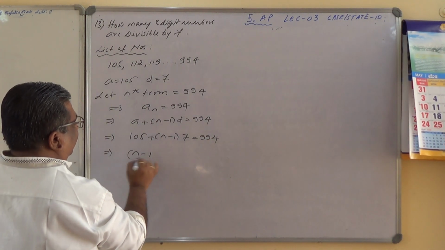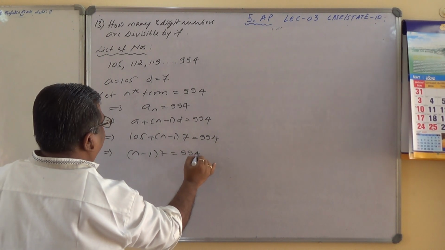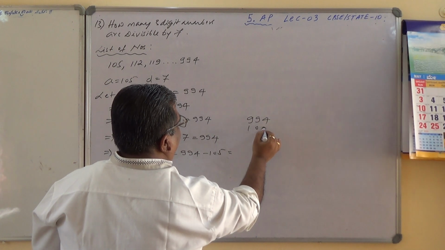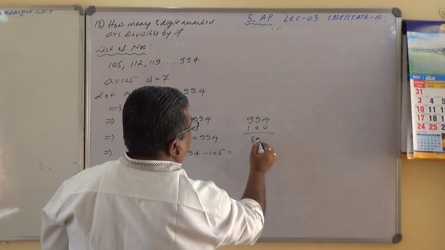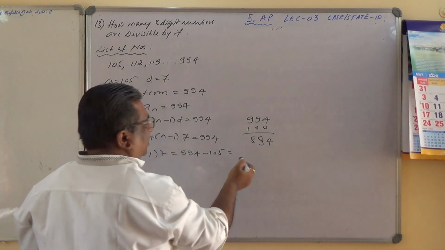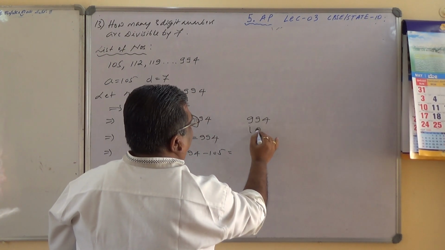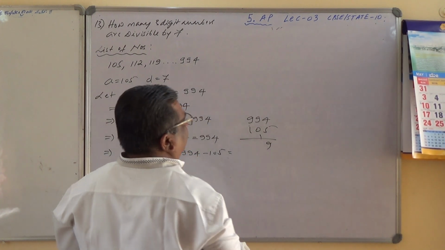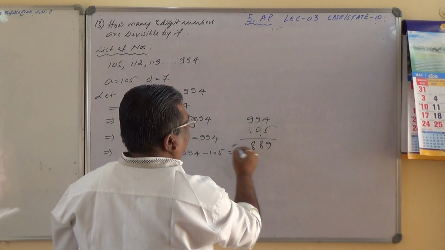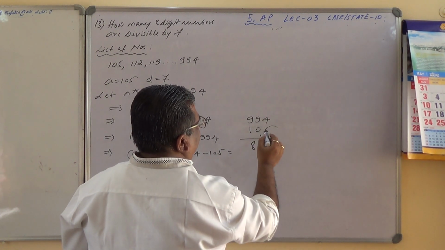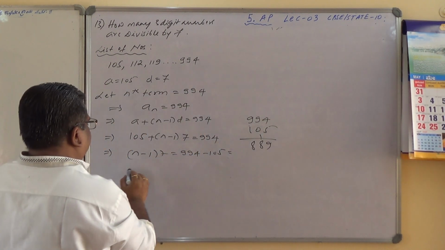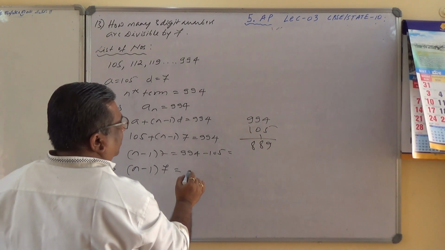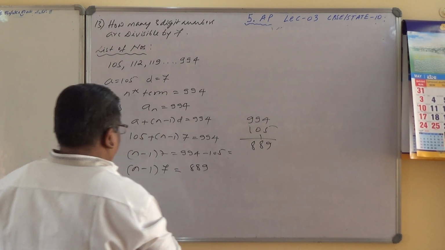Implies (n minus 1) times 7 equals 994 minus 105, which is 889.